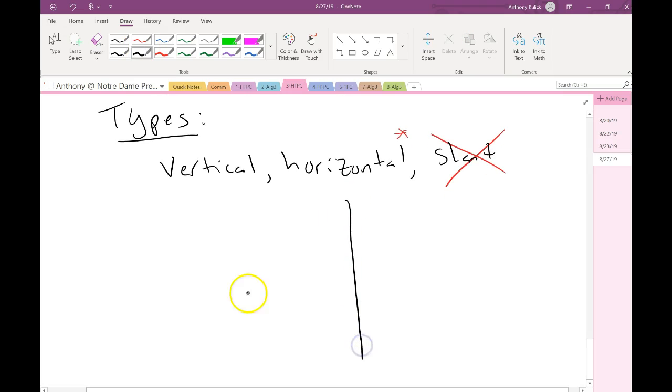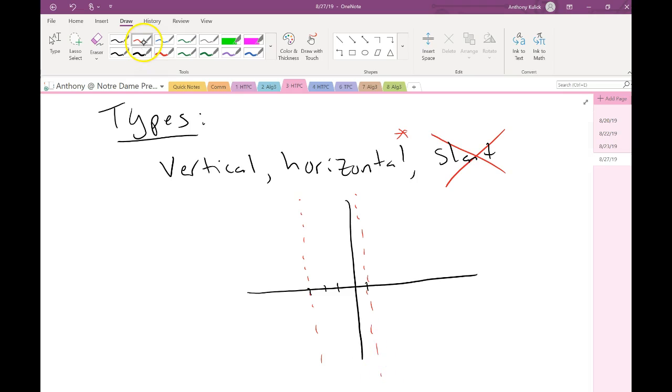So, for example, let's say we are looking at this graph, and I'll write down the function that corresponds to this graph here in a moment.